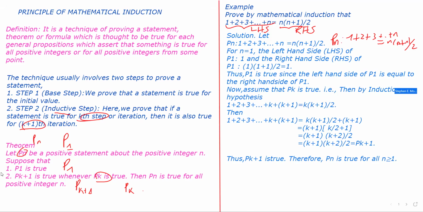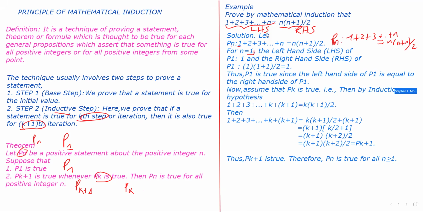And then if you take n equal to 1, on the left-hand side, you have to consider the left-hand side of the statement of Pn. On the left-hand side, we'll have that P1 is equal to 1. This is the first value on the left-hand side.